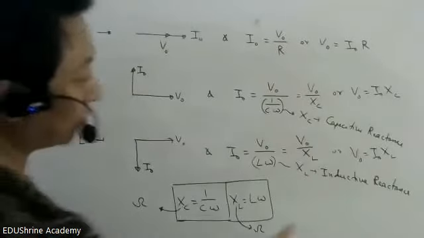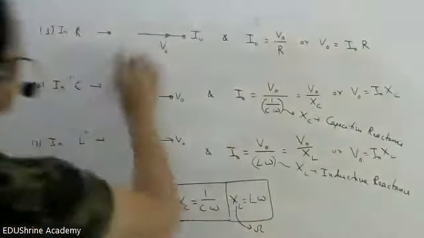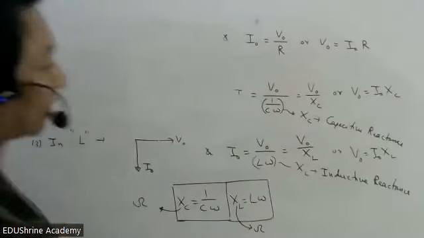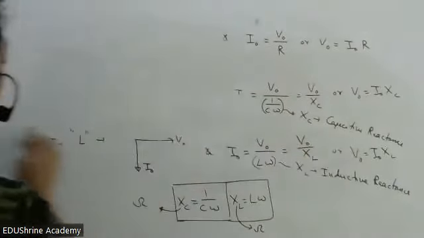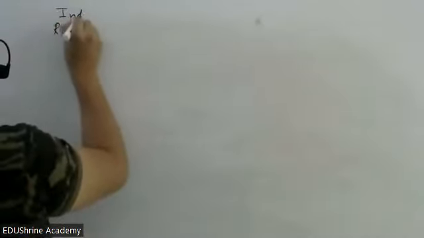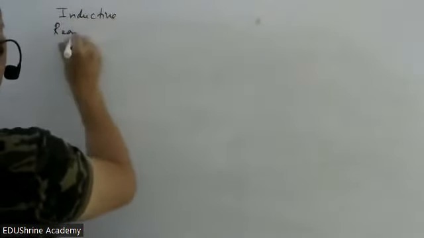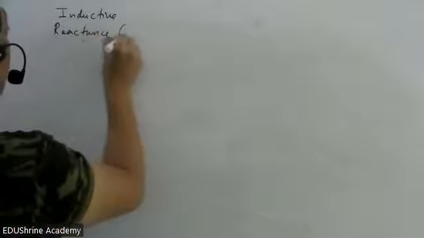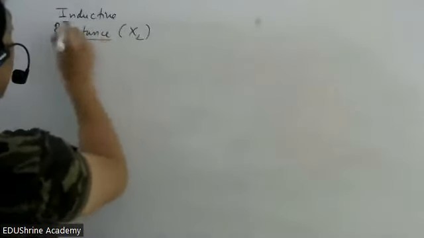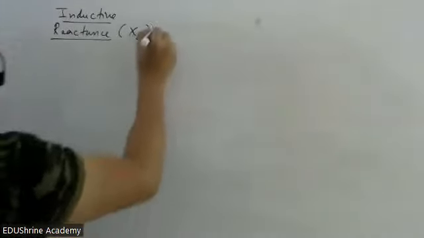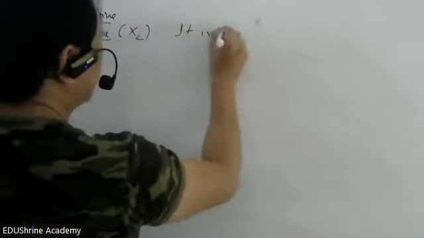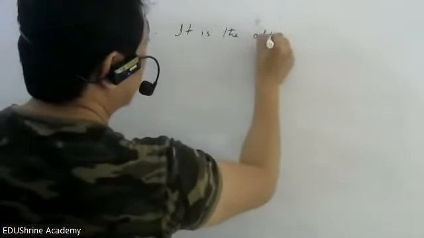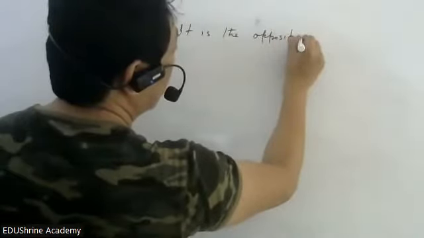So let me give you the definition of inductive reactance, XL, just like I did for capacitive reactance. Write down, it is the opposition, because it is playing the same role as resistance, remember.